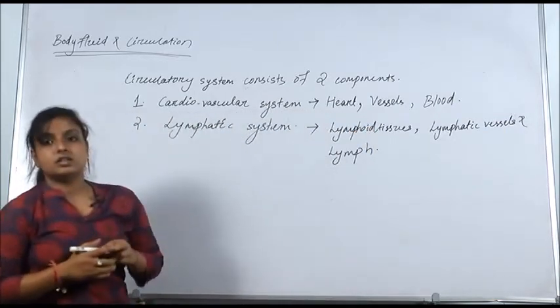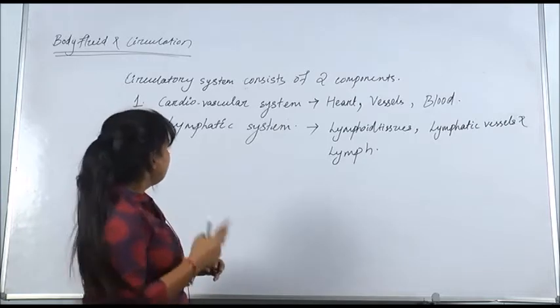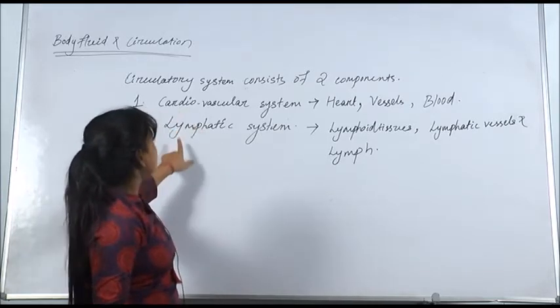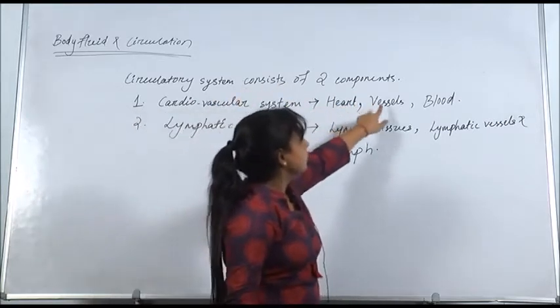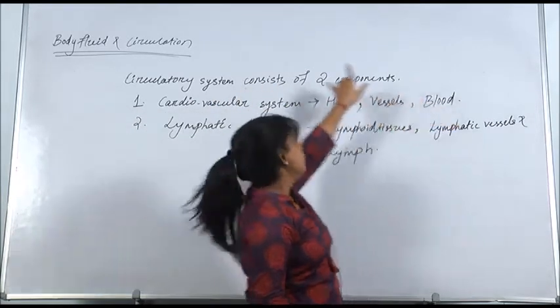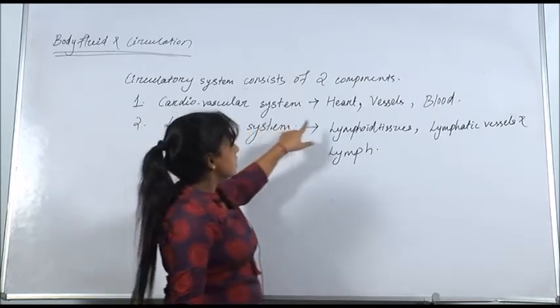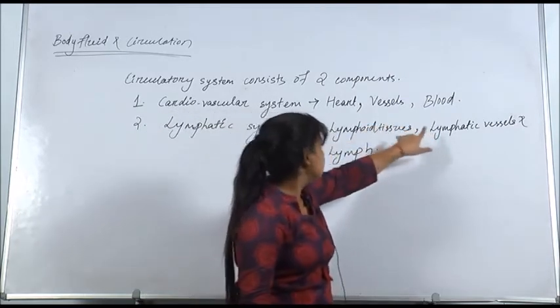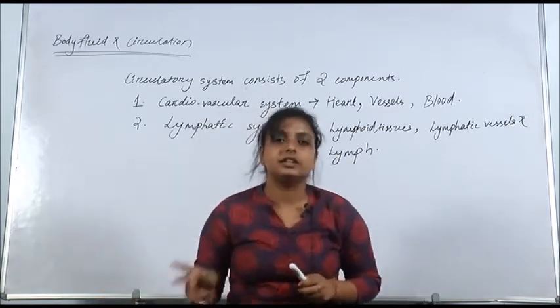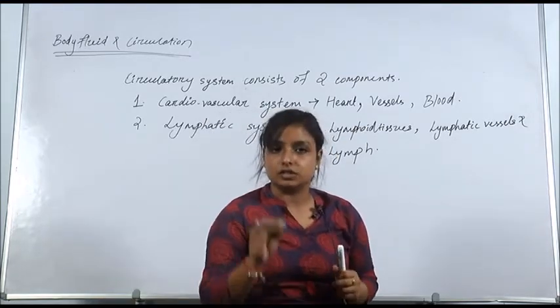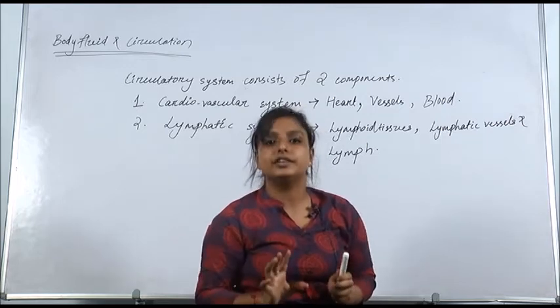So the circulatory system majorly consists of two components, one is the cardiovascular system, another is the lymphatic system. The cardiovascular system consists of heart, blood vessels and blood, and the lymphatic system consists of lymphoid tissue, lymphatic vessels and the lymph. So before describing the entire thing, let's first understand what is blood, which is the most important part of the circulatory system.